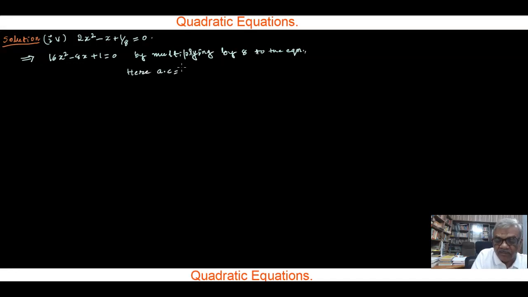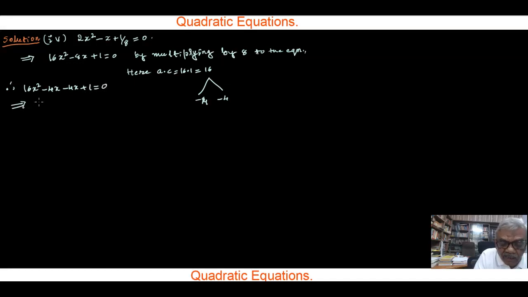Here AC equal to 16 into 1, that is 16. So 16 can be written as minus 4 and minus 4, that is going to be plus 16, and therefore I can split the middle term as 16x square minus 4x minus 4x plus 1 equal to 0.